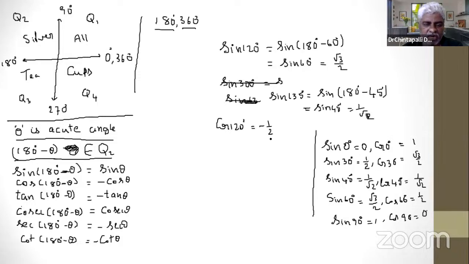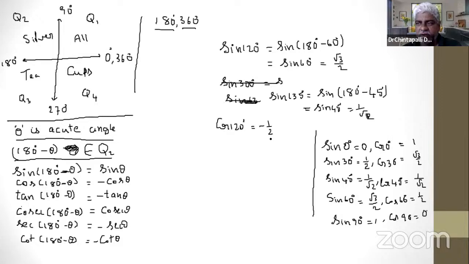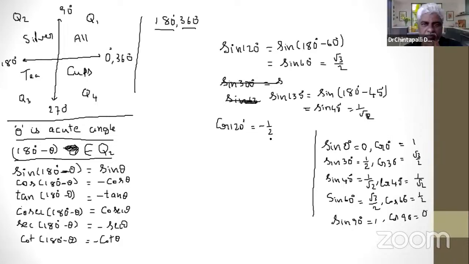What is cos 150 degrees? Negative root 3 by 2, sir. Very good. Cos 135 degrees? Negative 1 by root 2, sir. Very good. What is cos 180 degrees?